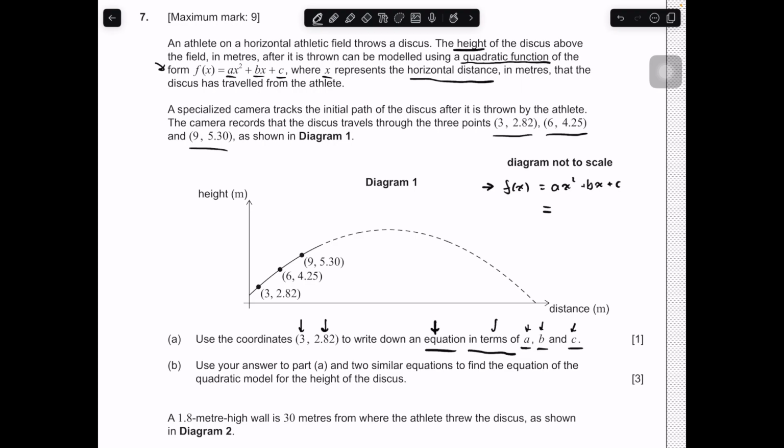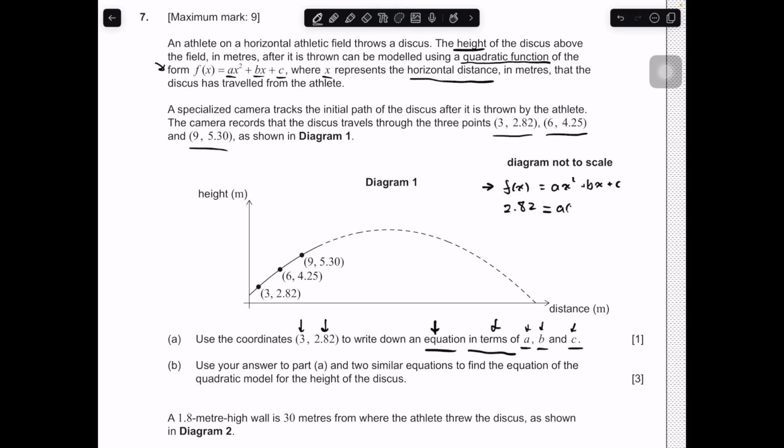So we want an equation in terms of these variables a, b, and c, which we see in this quadratic. Let's input the values and we'll get an equation in terms of A, B, and C. So height is equal to 2.82, and then A, we don't know what it is, but we know that the horizontal distance is 3 squared, or let's write it as 9 right away.